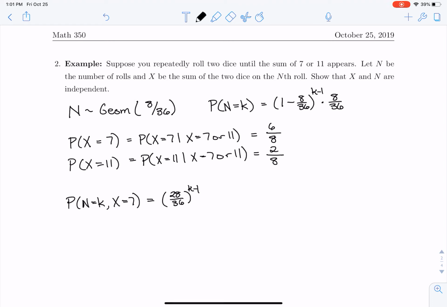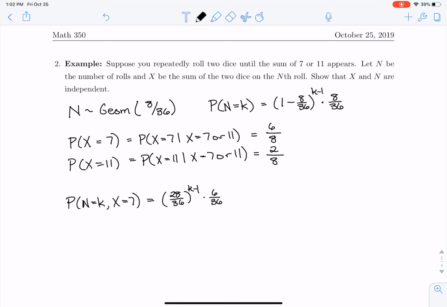So saying that we have to fail to get a 7 or 11, k minus 1 times. And then we need to finish with a 7, which occurs with probability 6 out of 36.